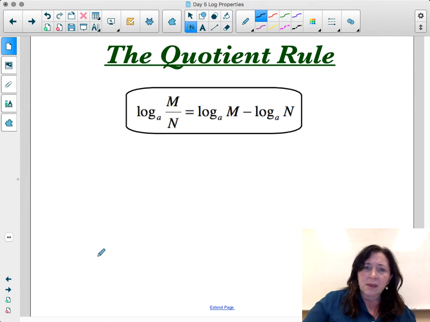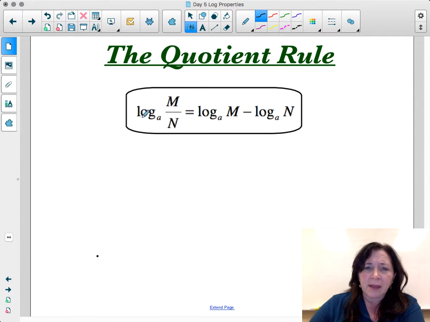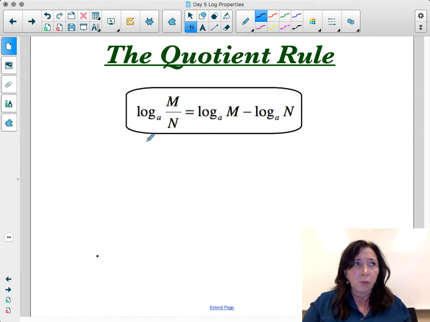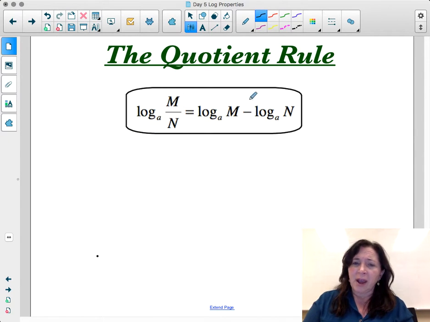The next property is called the quotient rule. It says that if I'm going to divide two values, instead of like the product rule, where multiplication was the same as addition, the quotient rule says if you divide, that's the same thing as subtracting.